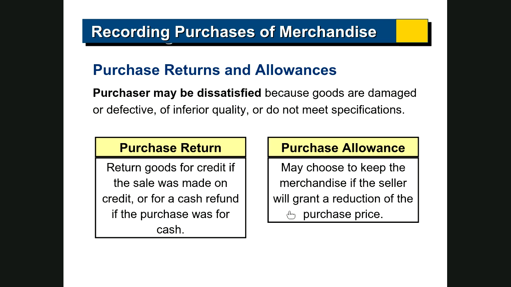I'm supposed to get all items brand new without any defects. The seller says, if you keep it, we'll give you a discount. This is called purchase allowance. You follow? So you may choose to keep the merchandise if the seller will grant a reduction in price. Are you following? Right?